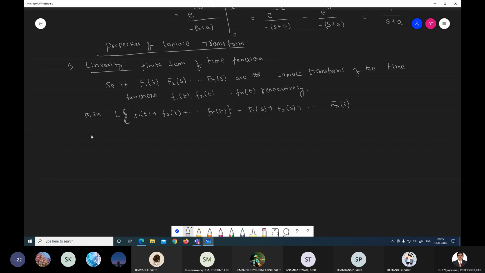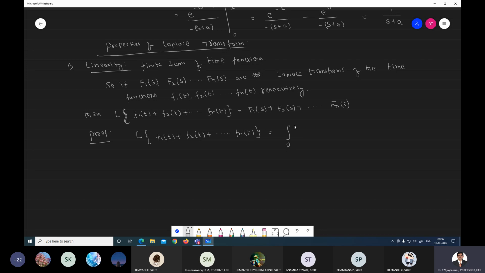Proof. Consider the Laplace of f1(t) plus f2(t) plus etc. fn(t). What is the formula?